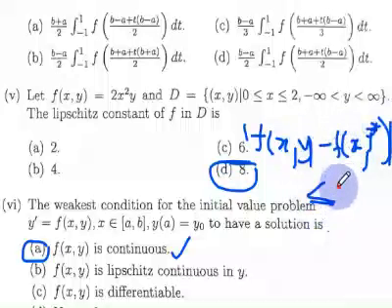Find this constant. You will see that it is equal to 8. So the Lipschitz constant is 8 here.